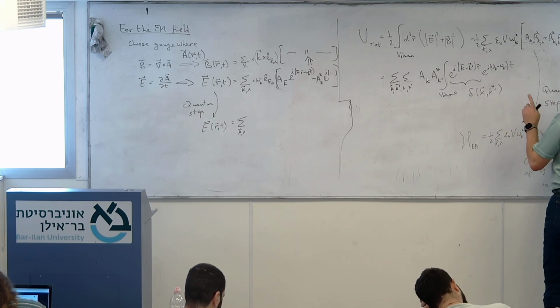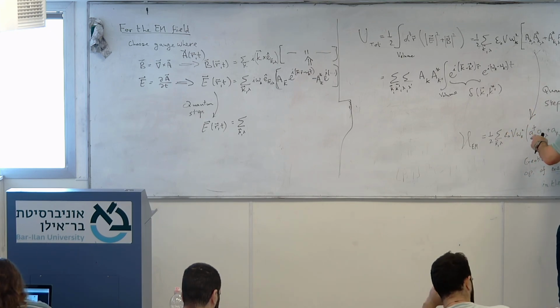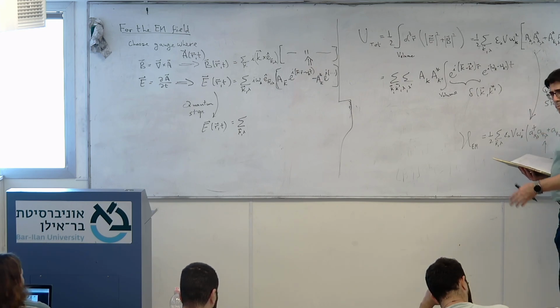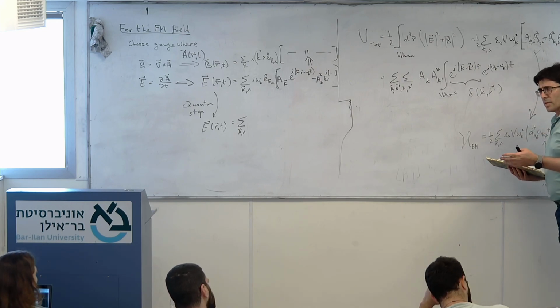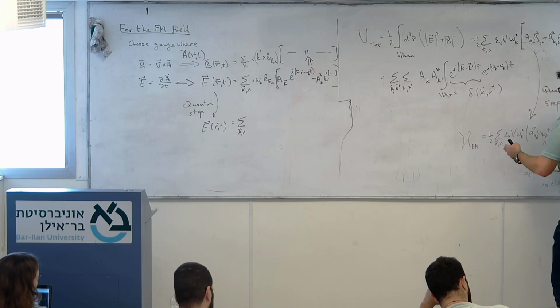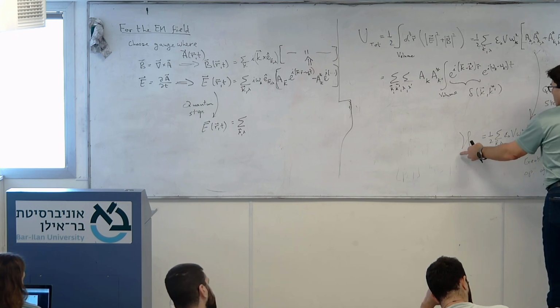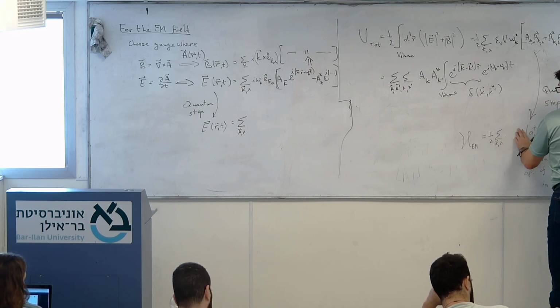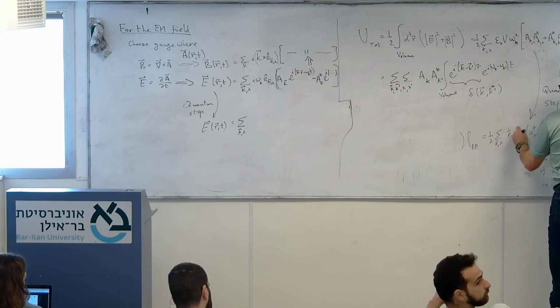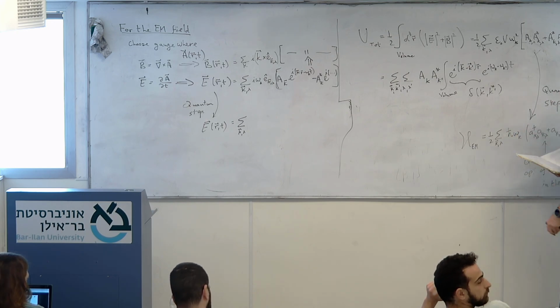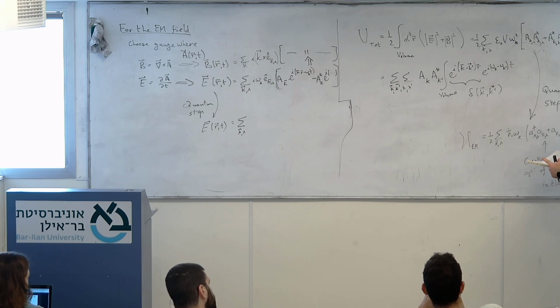There's one thing that I made a small mistake on. I went very quickly, but if you remember, the quantum case doesn't have that. It will have just h bar omega k. So now we also know how to normalize.